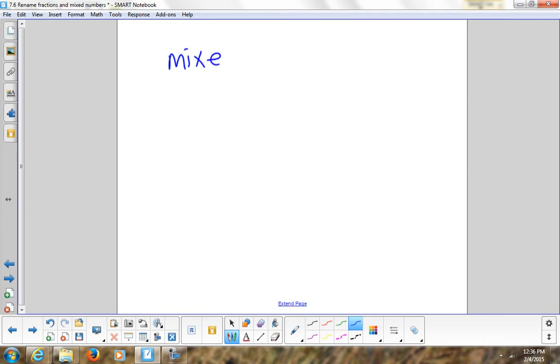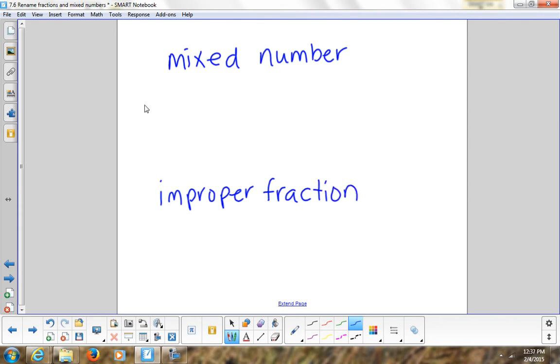These are two words that you need to know. Okay, you need to know what a mixed number is and what an improper fraction is.